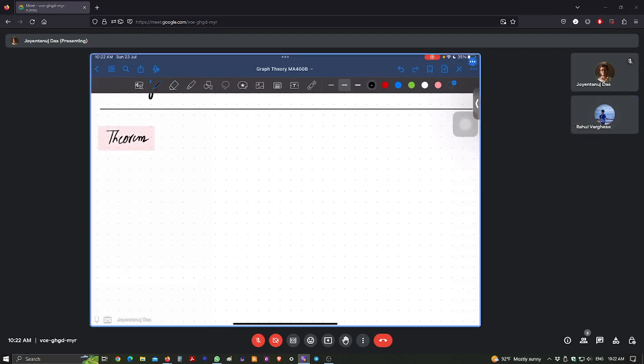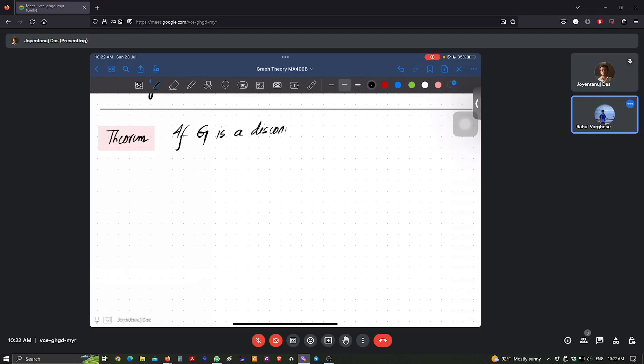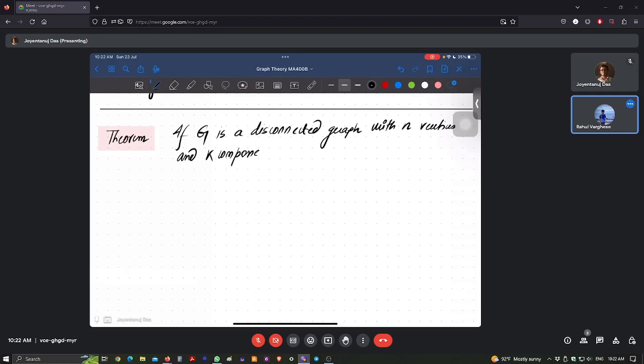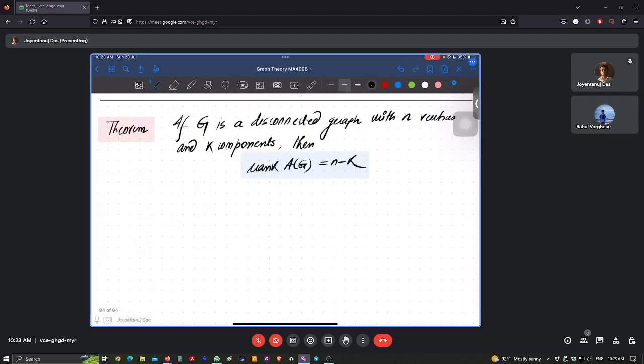So if G is a disconnected graph with n vertices and k components, then the rank of the incidence matrix, rank of AG, is equal to n minus k.